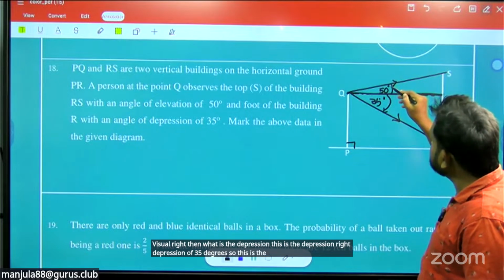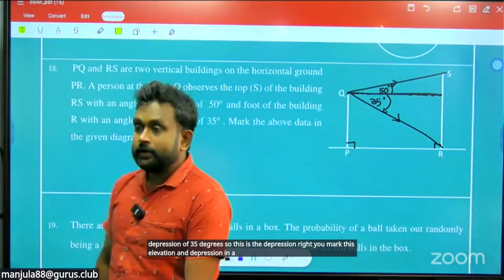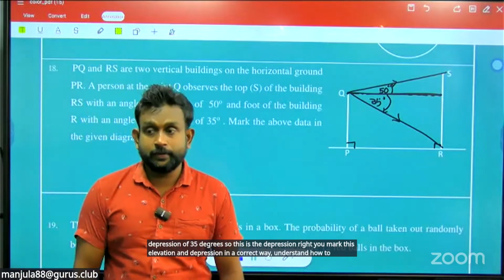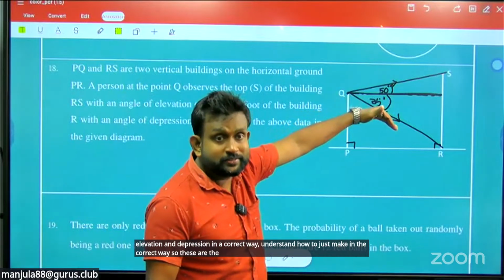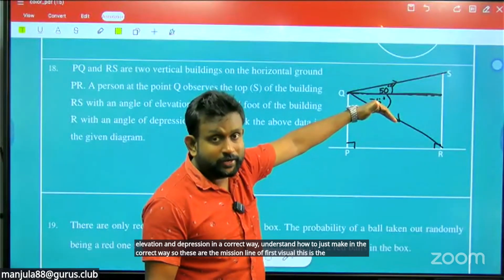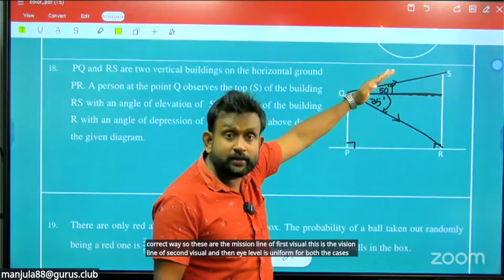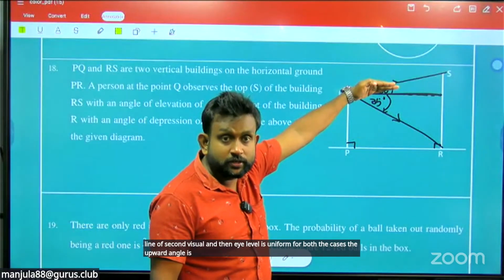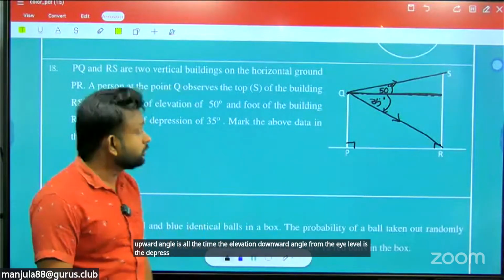You mark these elevation and depression in a correct way. Understand how to make them in the correct way. So this is the vision line of the first view. This is the vision line of the second view. And then the eye level is uniform for both cases. The upward angle is all the time the elevation. The downward angle from the eye level is the depression. So that's the conclusion. Okay.